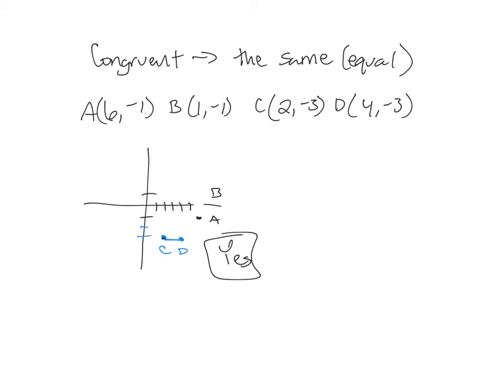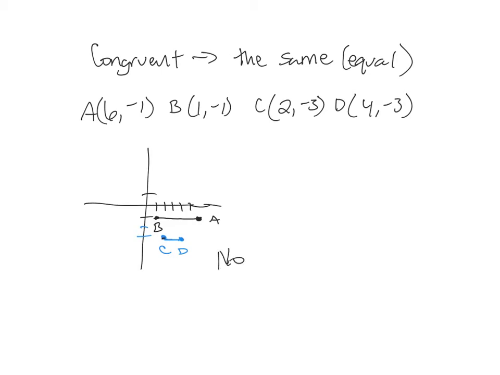So the B part should be 1, negative 1 right there. Which makes this a big no. Sorry about that. I'm not perfect. I will make mistakes. So I think obviously they're not the same now.